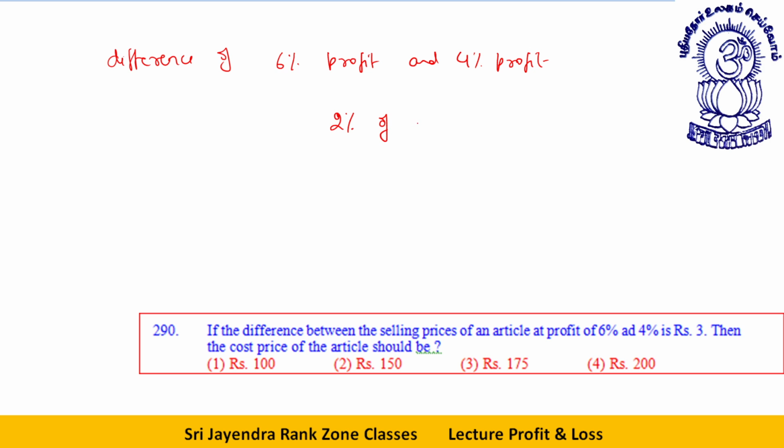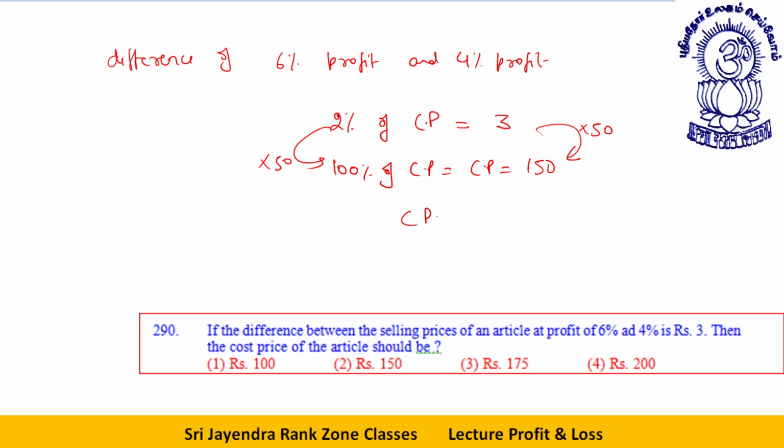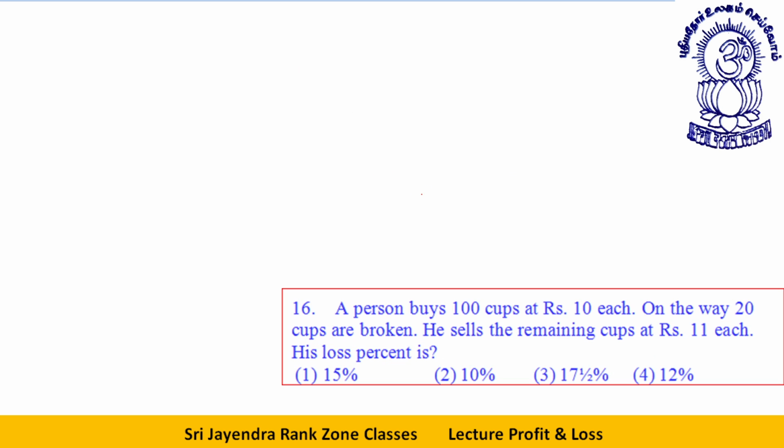Profit is always calculated on CP, so it is actually 2% of CP. This is equal to 3. So the 100% of CP, or the CP, will be equal to what? You multiply this by 50. See how easy the questions are. So that way CP is equal to 150 rupees. I hope you are getting these things.